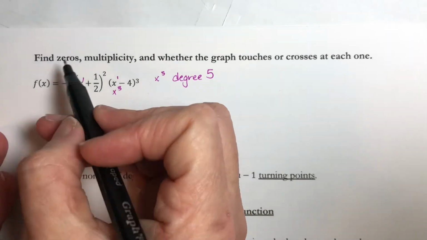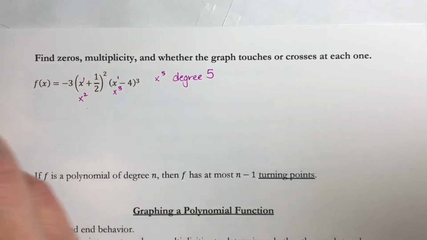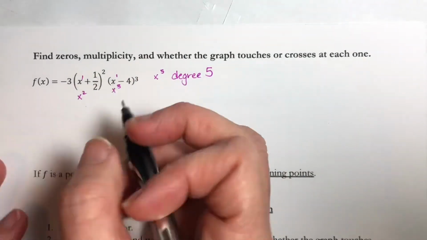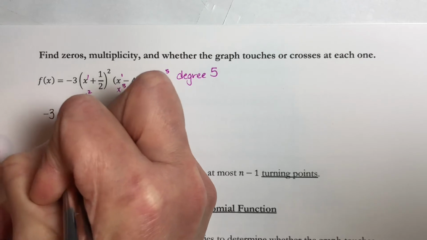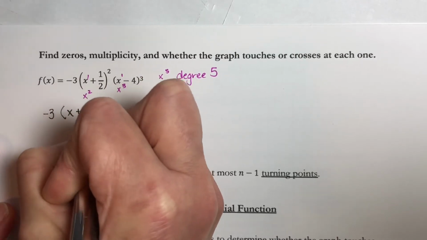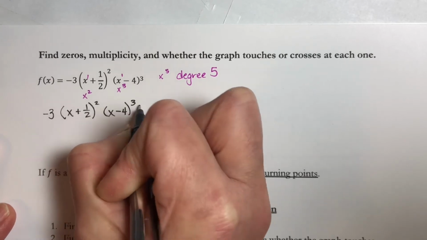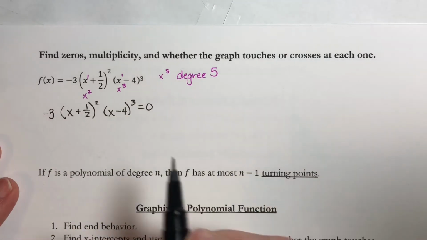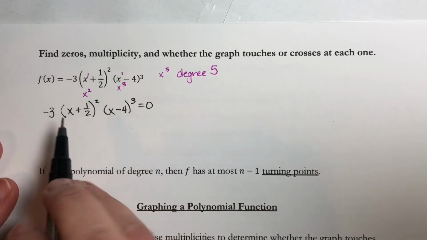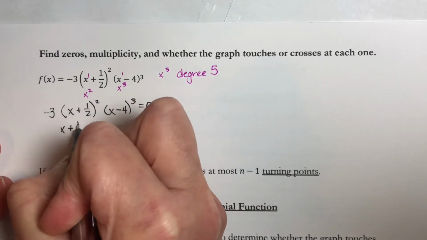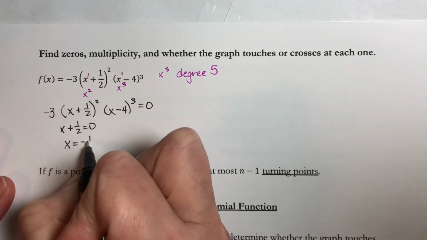Okay. Now let's find the zeros. This thing is all factored for us. So to find the zeros, essentially what we're doing is negative 3 times (x plus 1/2) squared times (x minus 4) cubed equal to 0. And then you set each of these factors equal to 0. From this one, if I set x plus 1/2 equal to 0 and solve that, I get x equals negative 1/2.